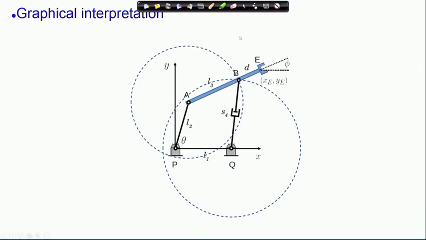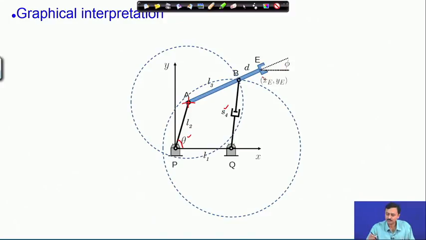Let us understand the solution graphically. Remember that we are given theta and S4. Now, when theta is given, this point A gets fixed.